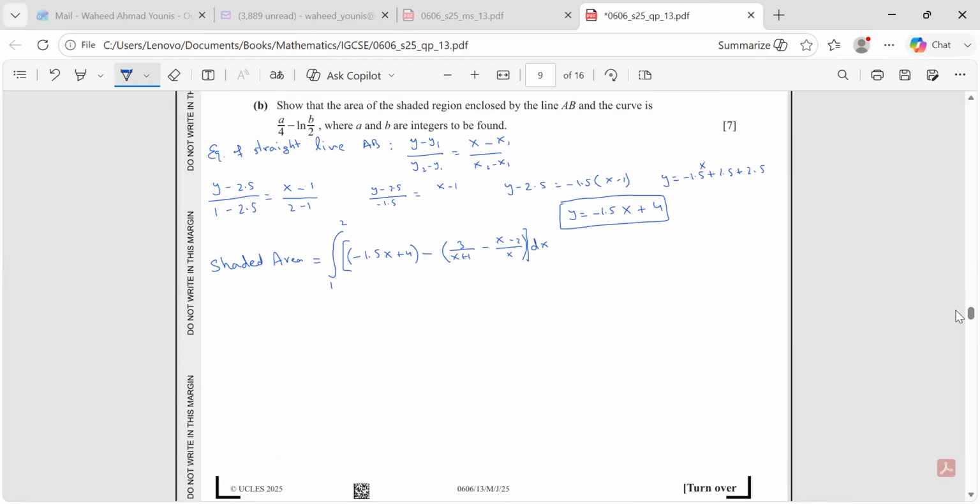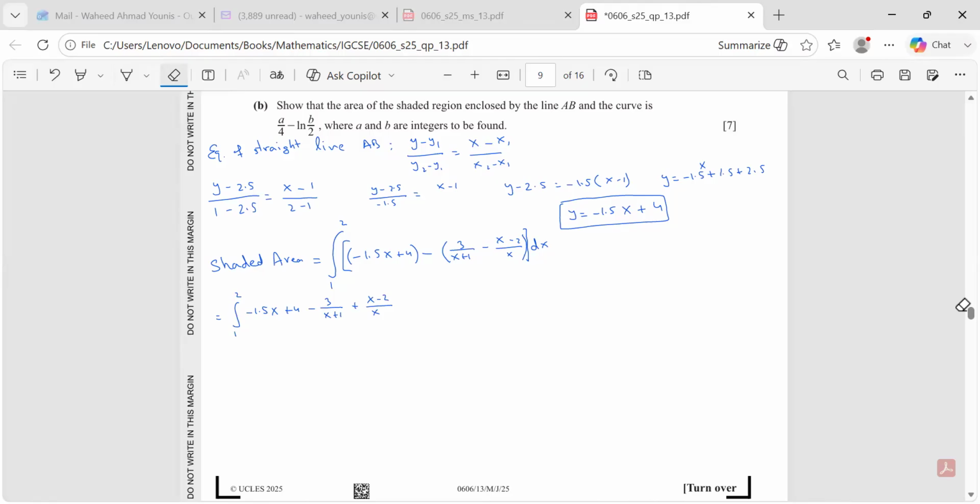So let's try to simplify this whole thing. It is from 1 to 2 of minus 1.5x plus 4 minus 3 over x plus 1, and minus of minus 1 is plus x minus 2 over x. In fact, this part I can rewrite as 1 minus 2 over x.